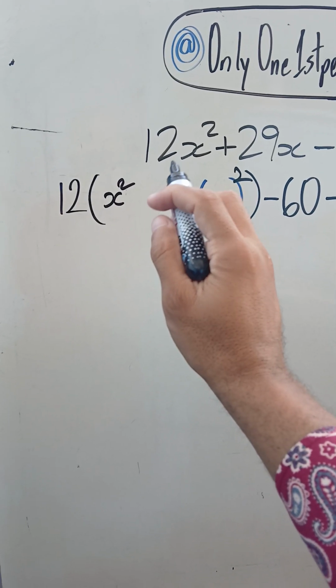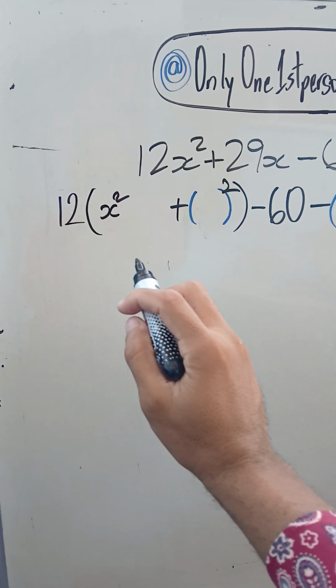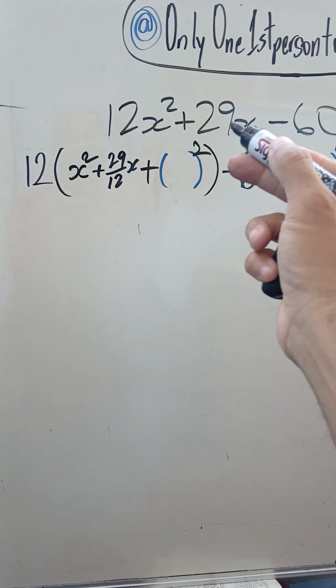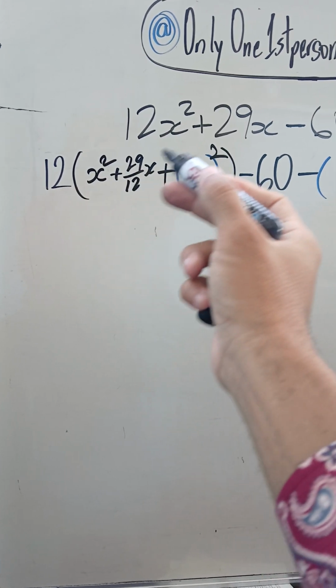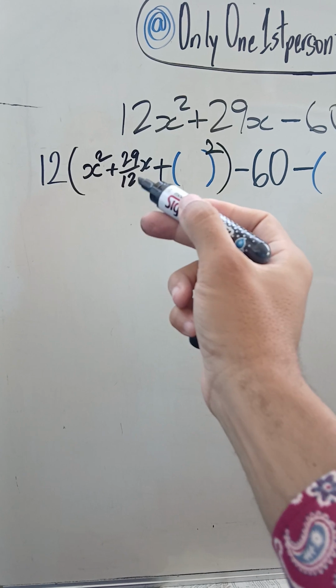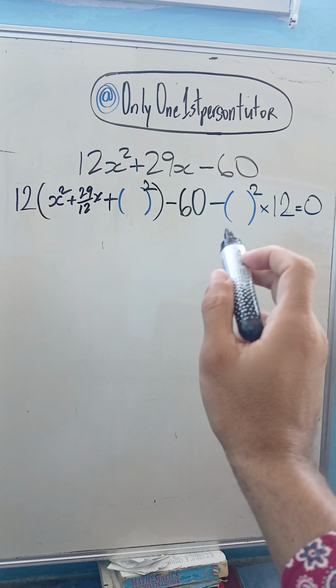Okay, so we got this by dividing this 12x squared by the 12 right there. And now if we divide the plus 29x by the 12, we end up with plus 29x over 12. So what about here and here?